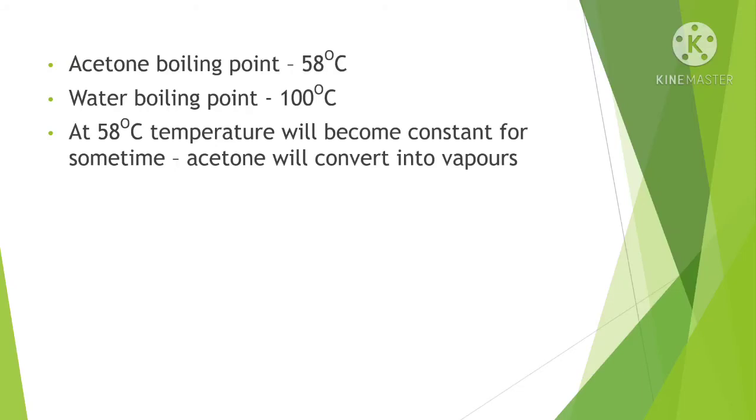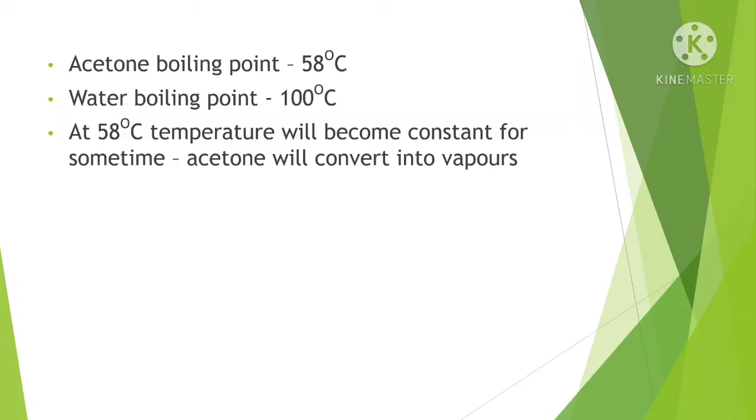Now there is an open end in the distillation flask, so the vapors will start coming out of that open end, and they will pass through the water condenser. In the outer part of the water condenser, cold water will be passed.